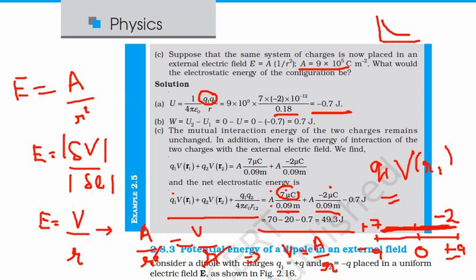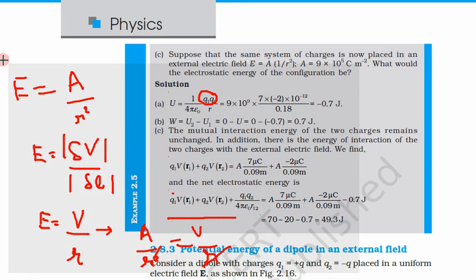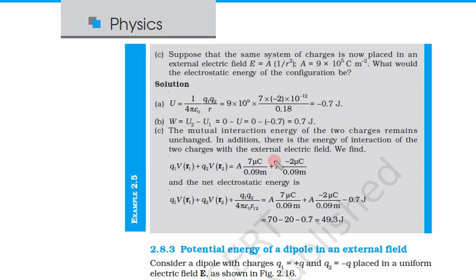So let us calculate all these things. Okay. So this is simply A upon 0.09, which can be taken outside, and in the brackets 7 minus 2. This is remaining. And leave the third term for the time being.